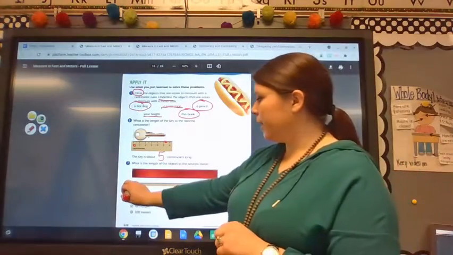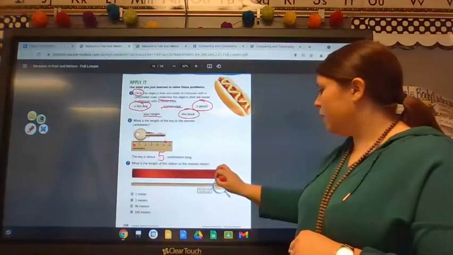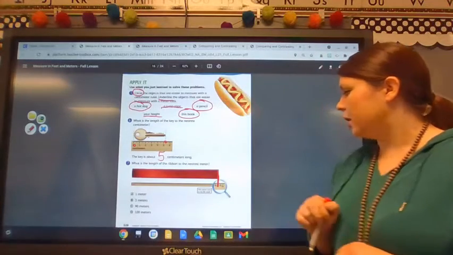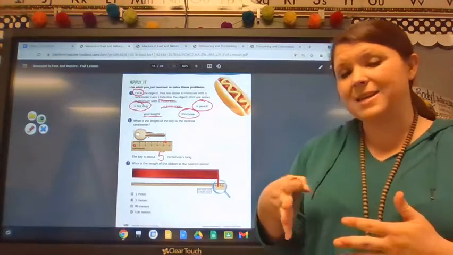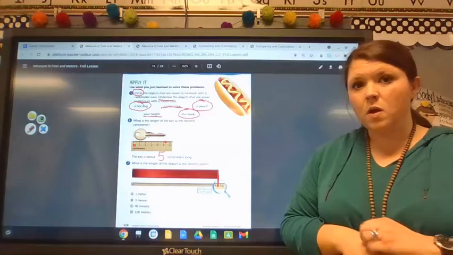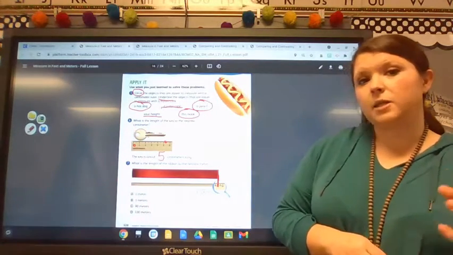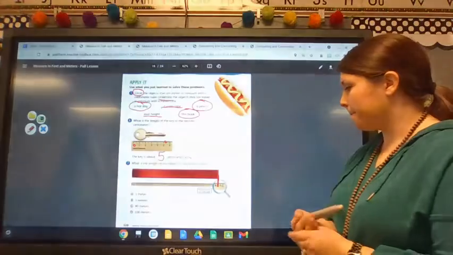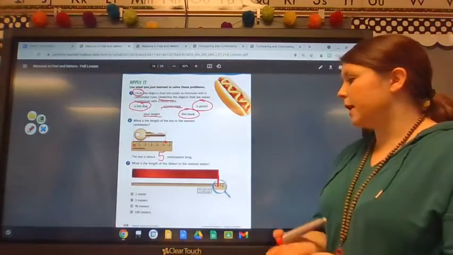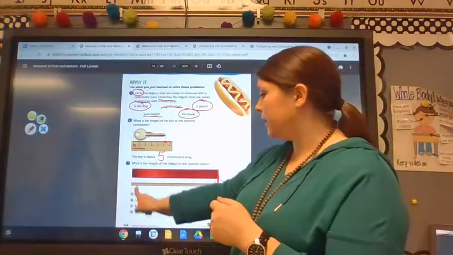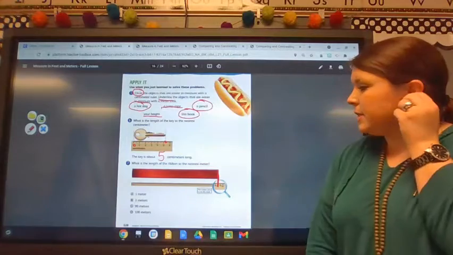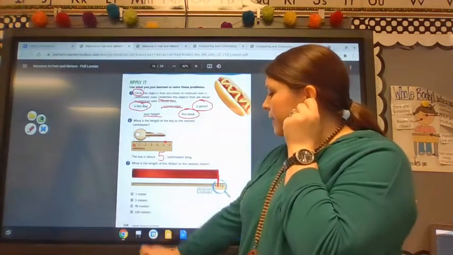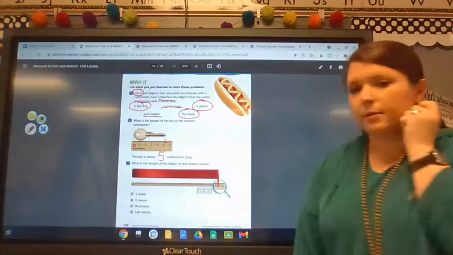All right, so they started it on the 0. Now we go all the way across to the end, and we have to find the nearest centimeter. So it's a little bit past 91 centimeters. Is it closer to 91 or is it closer to 92? It's closer to 91. Now it wants us to look here. Is this item closer to 1 meter, 3 meters, 90 meters, or 100 meters?